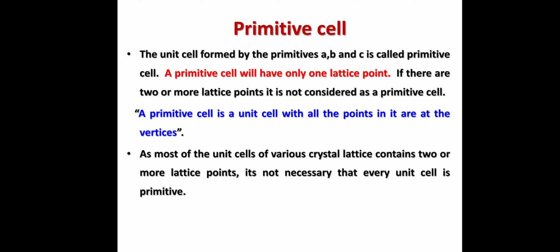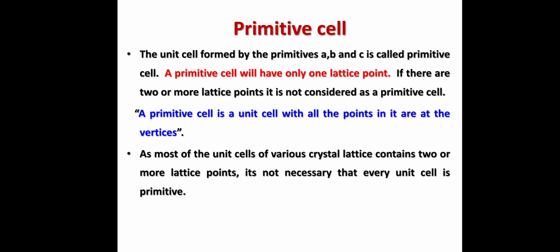At the corner, each atom is shared among the neighborhood 8 cubes or 8 unit cells. So the contribution of one corner atom to a particular unit cell is only 1/8. 1/8 to this, 1/8 to the adjoining neighborhood. In total, each atom at the corner is shared among 8 unit cells.